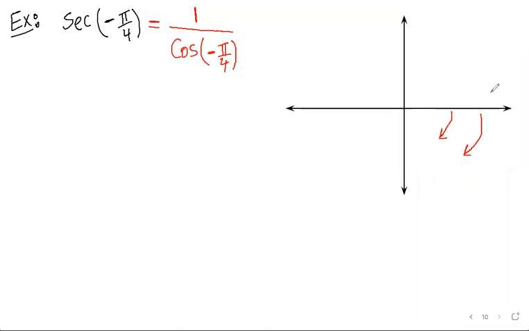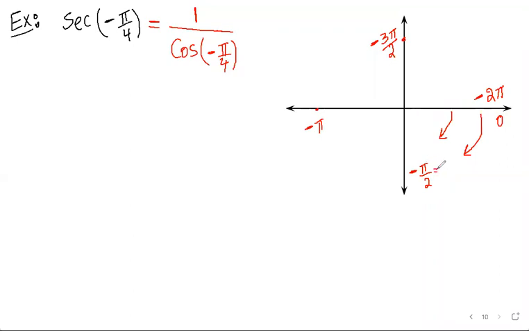Here this is 0, this is negative pi over 2, this is negative pi, this is negative 3 pi over 2. And if we go back here again, this is negative 2 pi. Now, to make the denominator 4, I have to multiply both sides by 4.